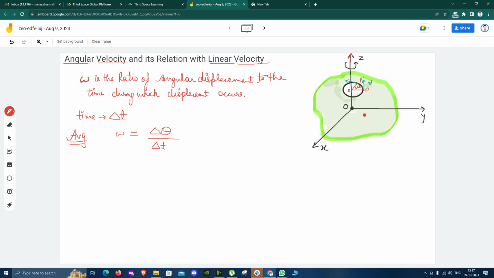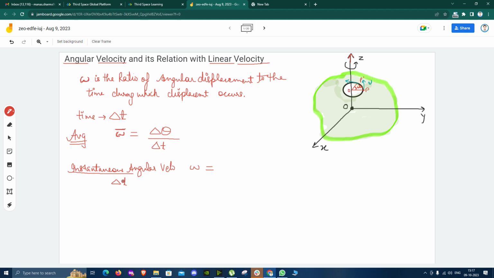Let's say now we have to find out the instantaneous angular velocity for a particular instant, like time t. At time t, what can the velocity be? Let's say the average was omega bar, and omega itself, the instantaneous angular velocity of the particle, we have to limit it. Instantaneous means when there is no time period.